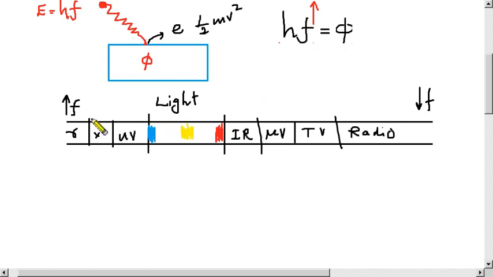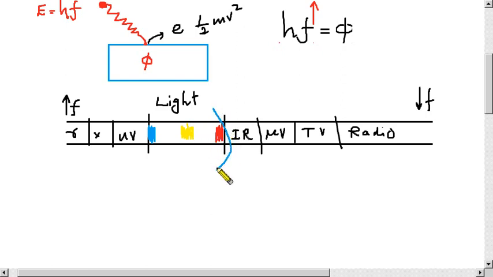Now the frequency must be sufficiently higher. So if this one ejects electrons, this one may or may not. We can't say definitely that these colors eject electrons.